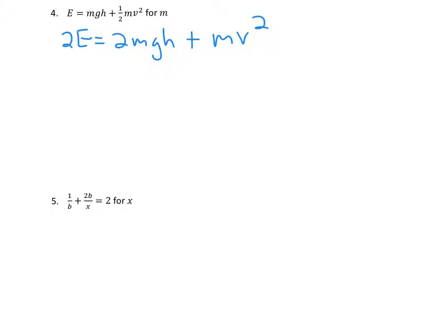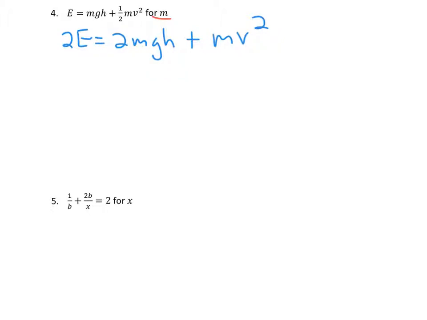Now in this case I'm trying to solve for m, so I have to make sure all the terms that have m in them are on one side and the ones that don't are on the other. Actually, I got kind of lucky this time because the two terms that have m in them are already on the right side, and the one term that doesn't have m in it is already on the left side. So it's already set up just right.